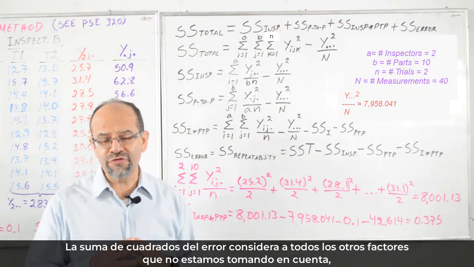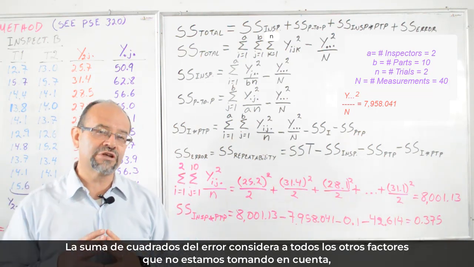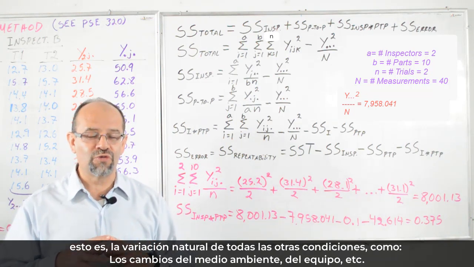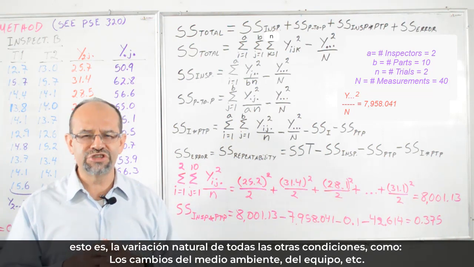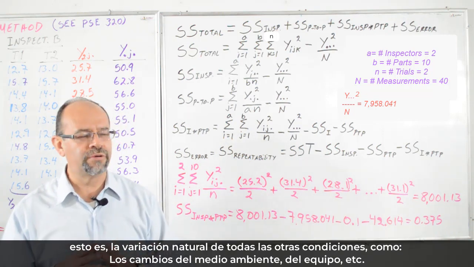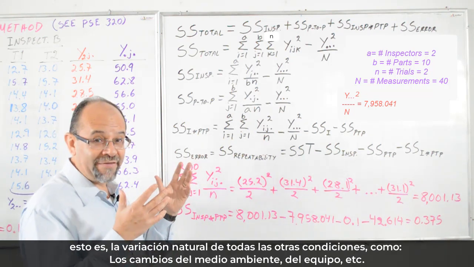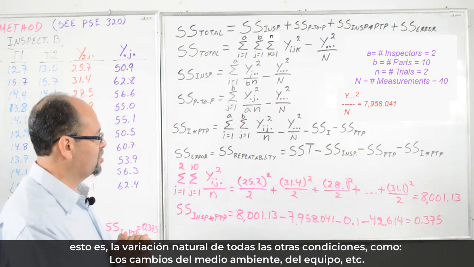Now we have to calculate the sum of squares of the error. The sum of squares of the error is the sum because of all the other factors that we are not taking in consideration. The natural variation of all the other conditions like the environmental changing conditions and so on. That also variability because of the equipment, all the conditions that we are not taking in consideration.